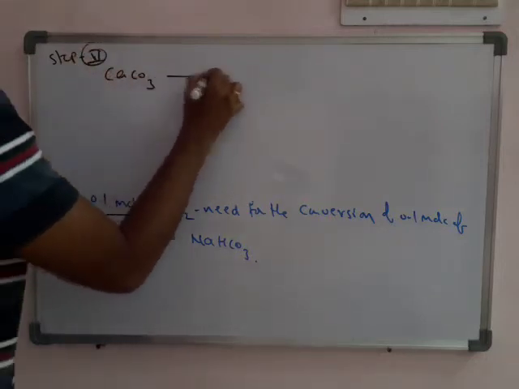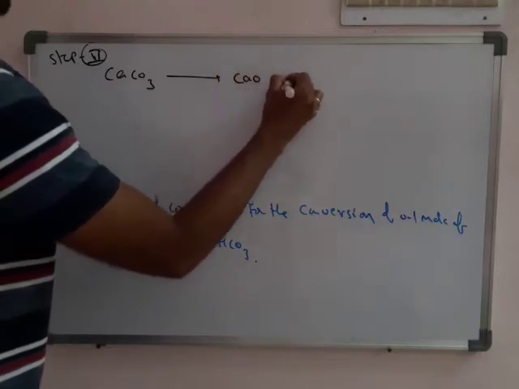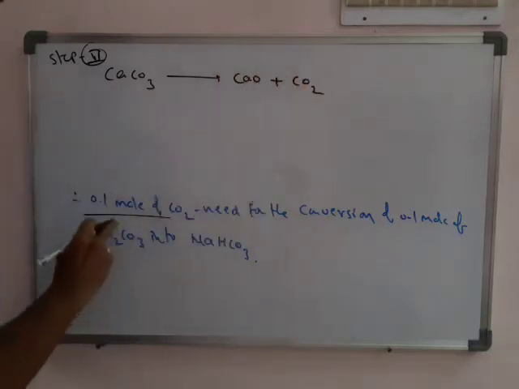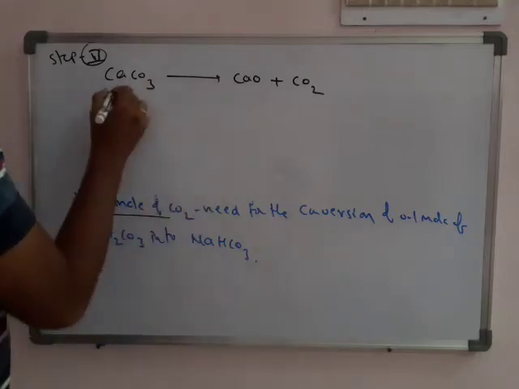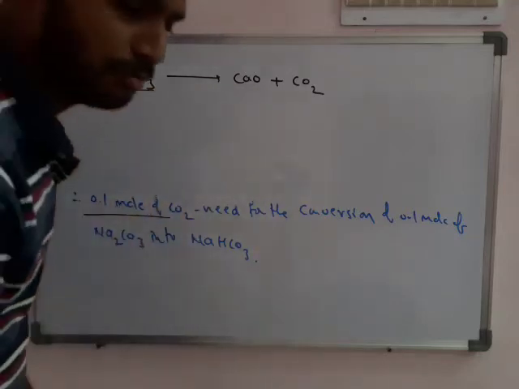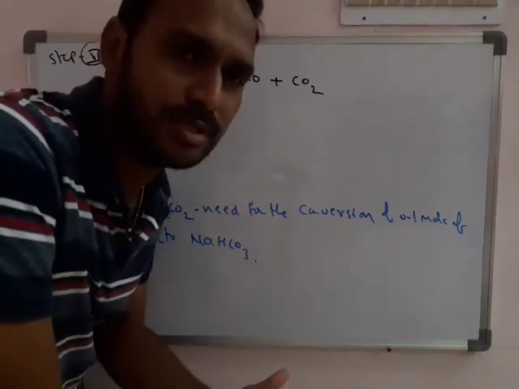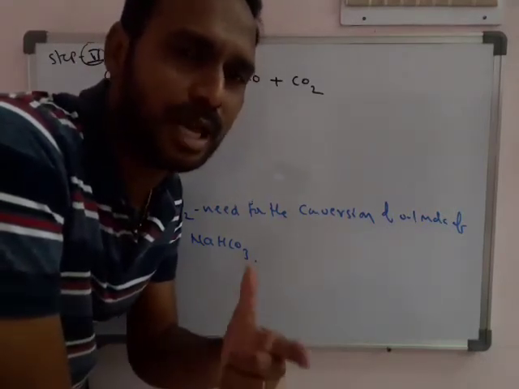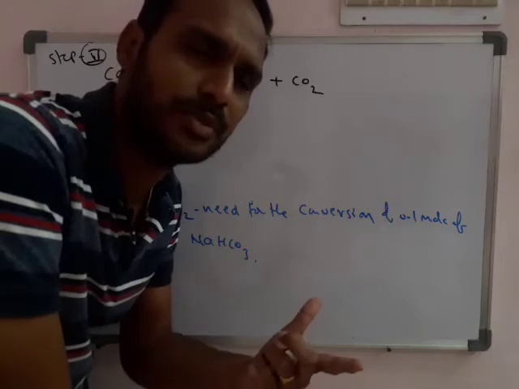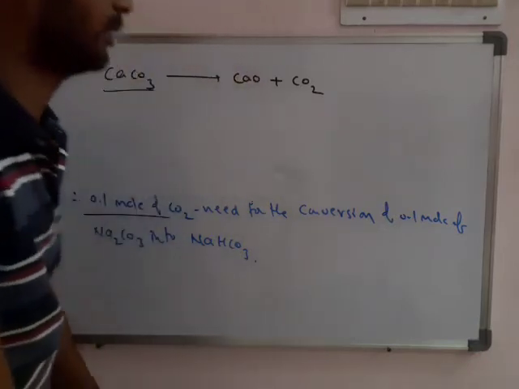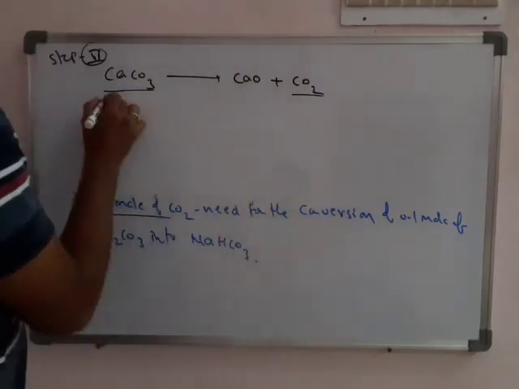The calcium carbonate on heating to high temperature gives CO2. We have to get 0.1 mole of CO2. First we compare in number of moles, then since the problem asks for grams of calcium carbonate, at last we convert them into grams. Here there is a 1:1 ratio.